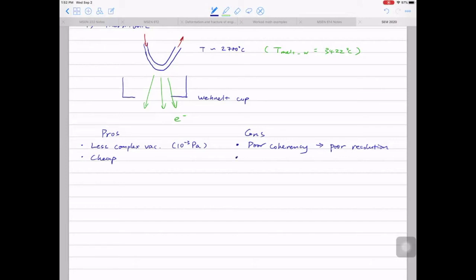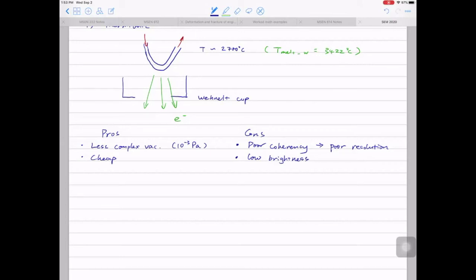The second thing is it has low brightness. When you have low brightness, the direct impact is poor signal to noise ratio. However, when you operate an SEM, there's one way to combat that challenge.